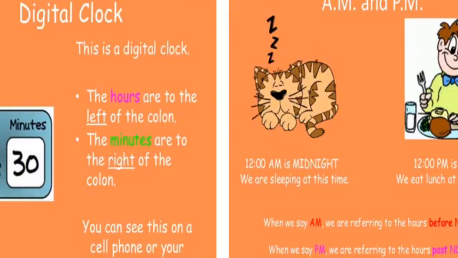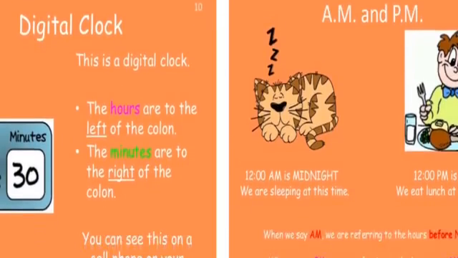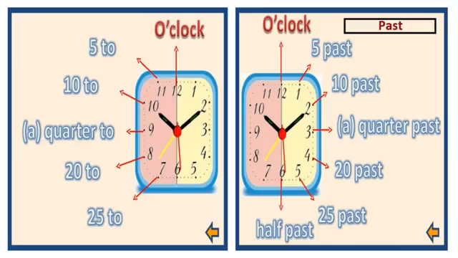The full form of AM is ante meridiem and the full form of PM is post meridiem. Now you see this clock: o'clock, 5 to, 10 to, quarter to, 20 to, 25 to, and here the past: 5 past, 10 past, quarter past, 20 past, 25 past, and half past. If we know all this, then you can read the time very easily.